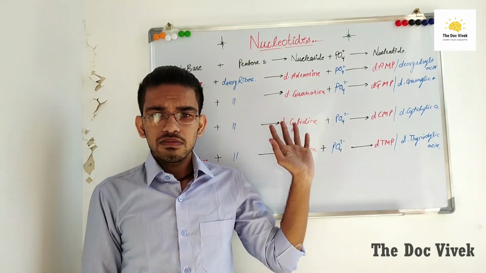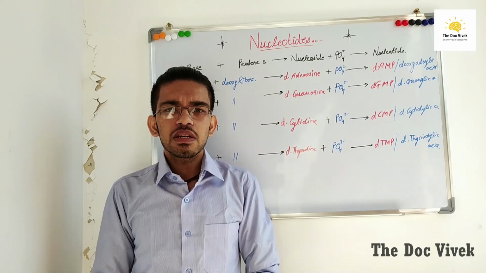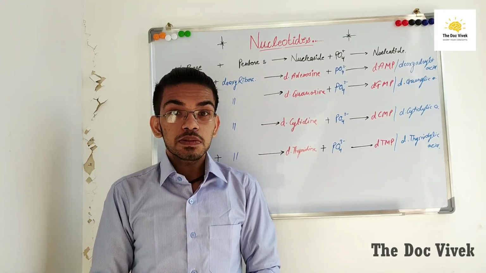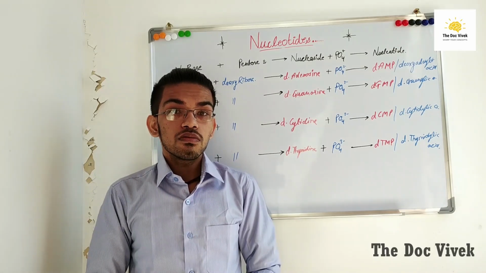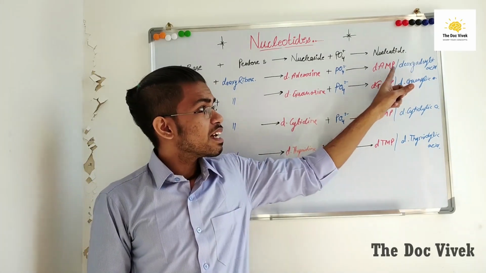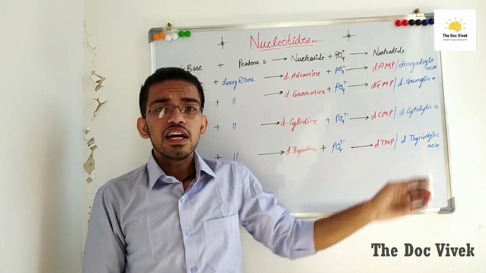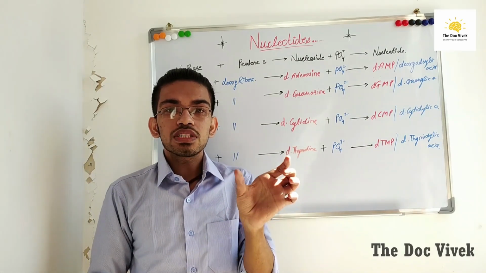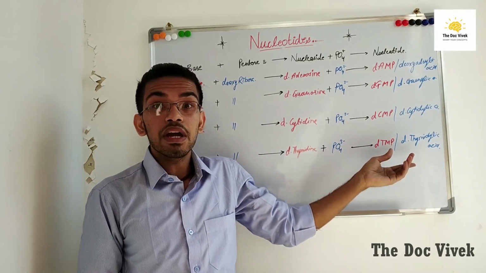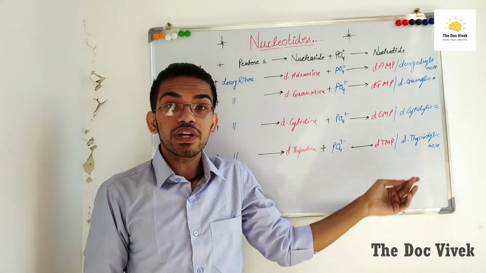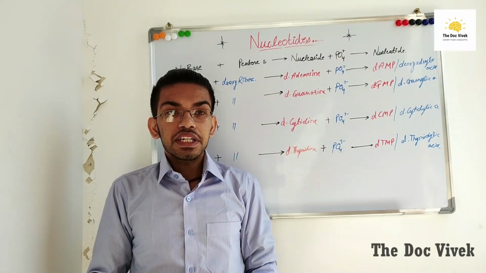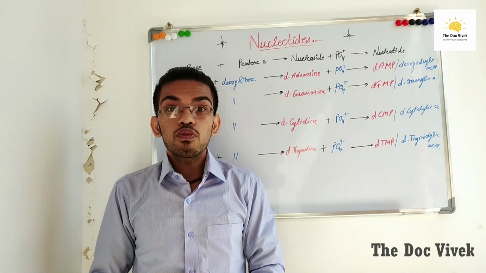In this summary table, the question which can be asked is just what type of sugar is present. Like the examiner will give you anything from this, like dAMP or anything, or maybe the more phosphorylated form of these nucleotides. For example, in ATP what type of sugar is present.